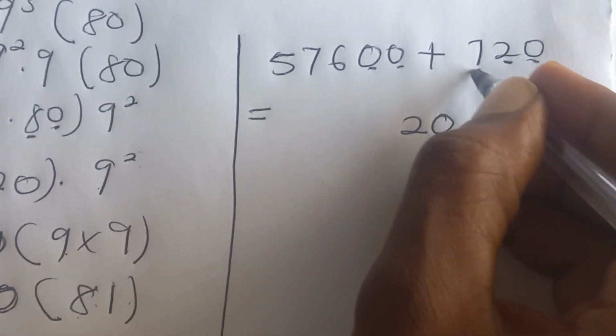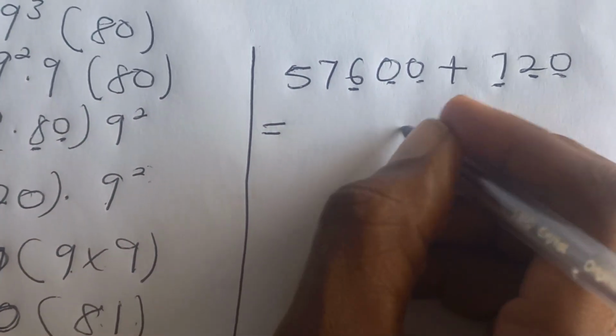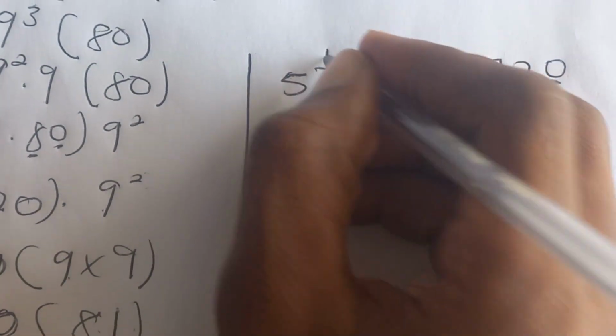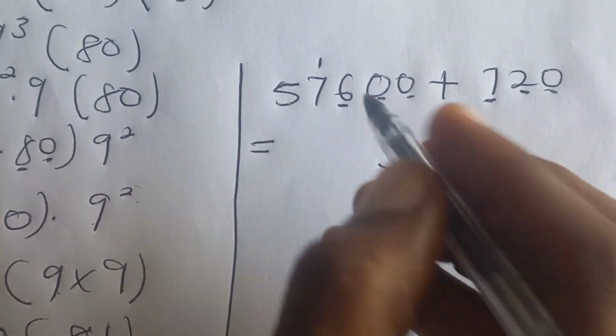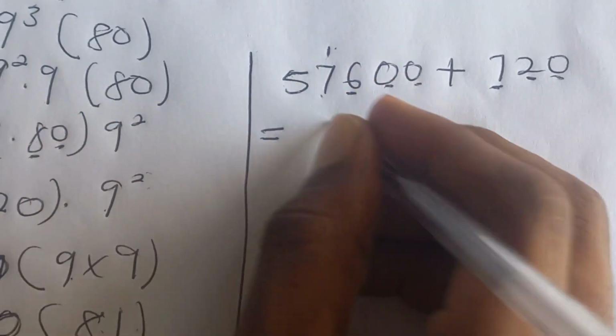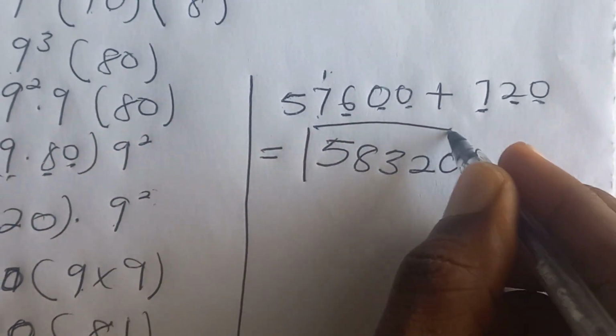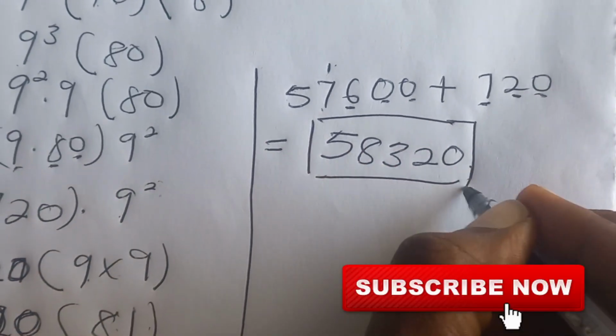And 7 plus 6 is 13. So write 3, a remainder of 1. Now 7 plus 1, we are getting 8. And this is our 5. So this is our final answer for the question.